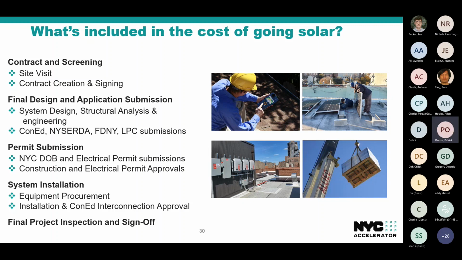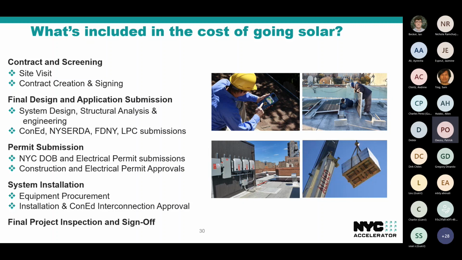Then there's the actual bringing of the equipment onto the rooftop, whether they use a crane like in the bottom right screen, or use the elevator or some kind of stairwell access to bring the equipment up, as well as the most important part, which is interconnection.